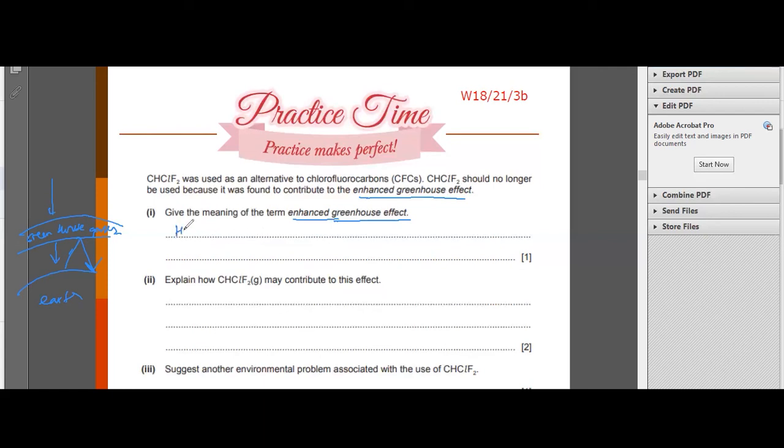You should state that human activity creates additional greenhouse gases. Make the layer of greenhouse gases thicker.